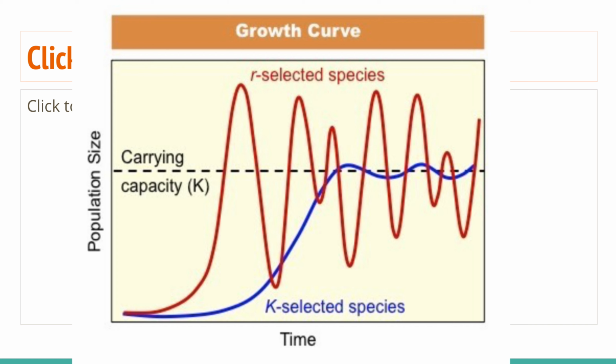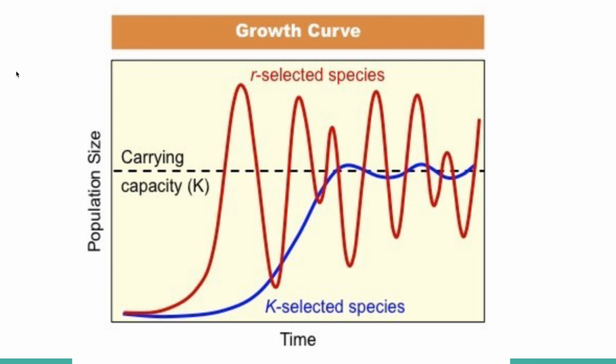The busts are driving the population all the way down, so it's going to take some time for it to recover. Now with the R-selected species, it can actually go through multiple of these boom-bust cycles before a K-selected species even reaches equilibrium. So why then do most species use K-selection?